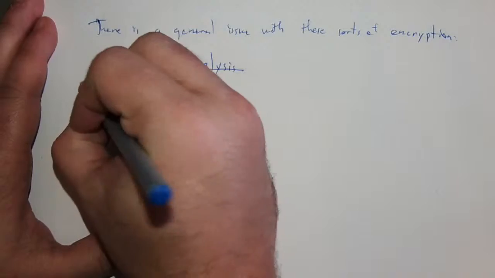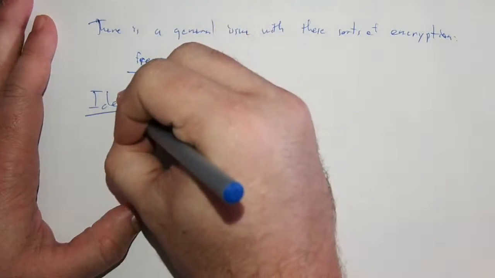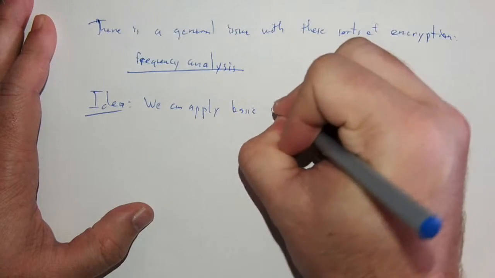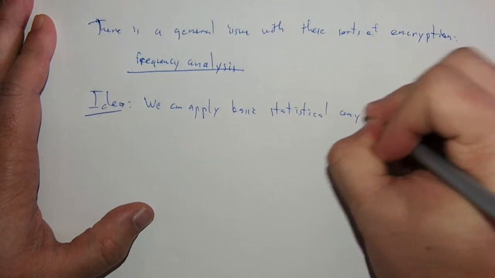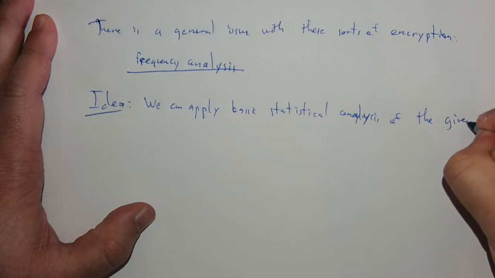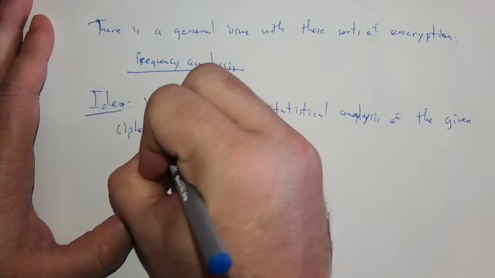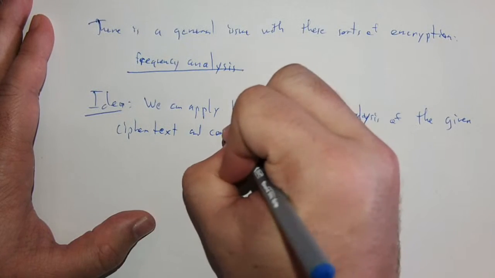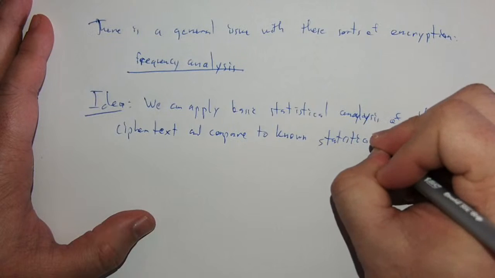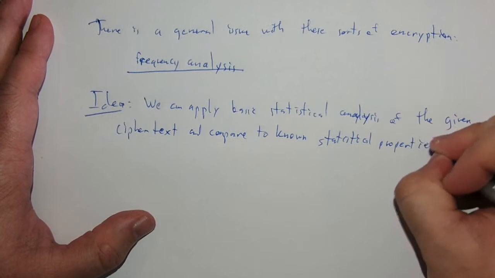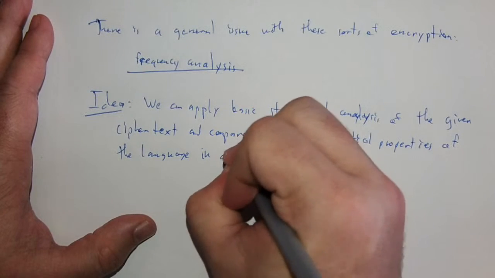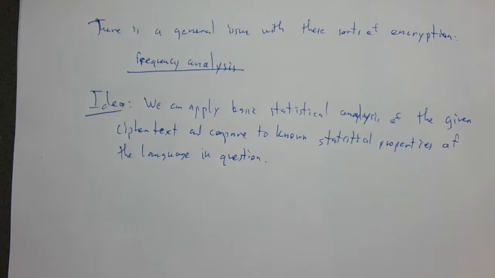The idea is we can apply a basic statistical analysis of the given cipher text and compare it to known statistical properties of the language in question.